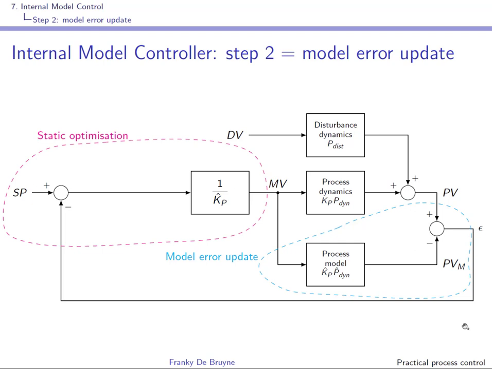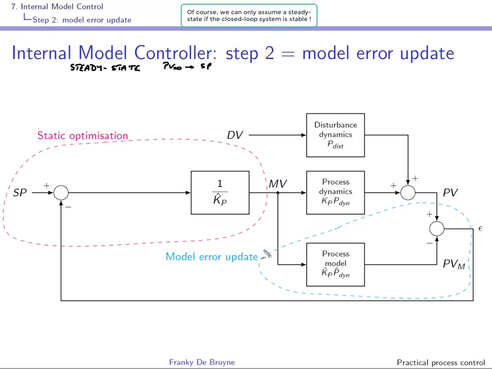Using this second implementation of the internal model controller, it is not that obvious to see what will happen in steady state, right? And of course in the steady state we would like to have the steady state PV go to set point.